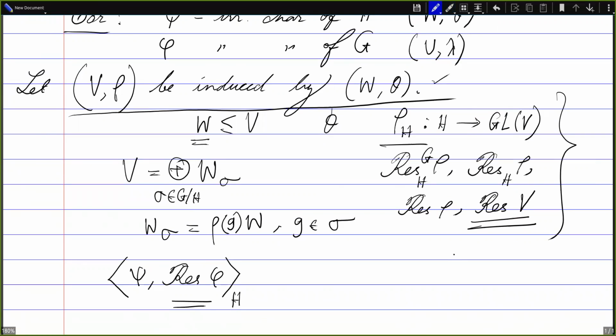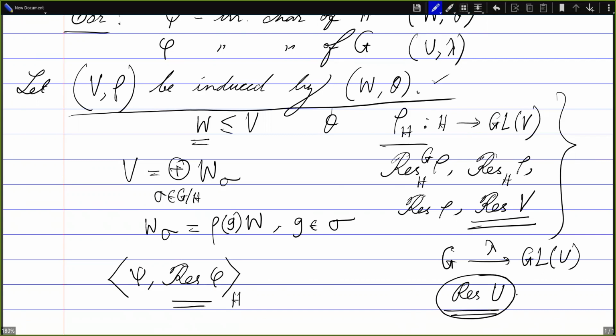Phi was the character of the representation, the representation on the space U simply. If we restrict this representation to H, then what is the character of this restricted representation? It is a representation of H. It is simply the restriction of the character of lambda to H. The character of lambda was phi. So basically this is nothing but the character of res U.